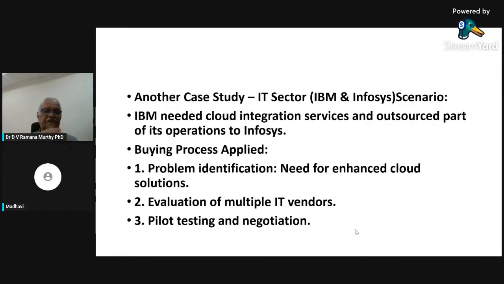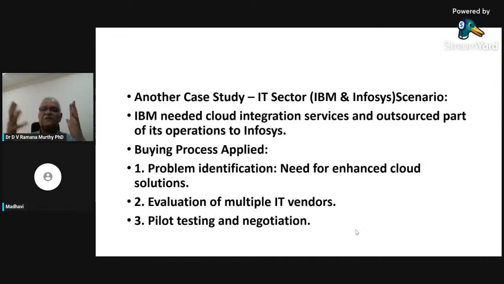Fine. Second, evaluation of multiple IT vendors. It need not be Infosys. There may be other IT vendors who can supply the same. Am I clear in what I'm saying? So search for and evaluate. Then of course, third one is pilot testing and negotiation.